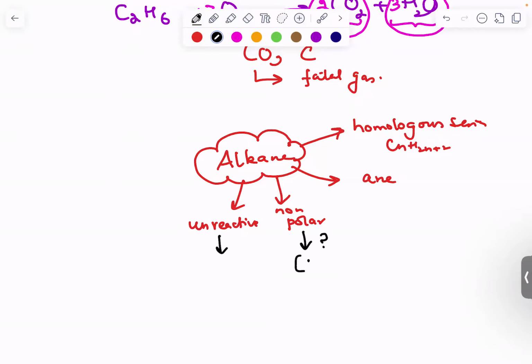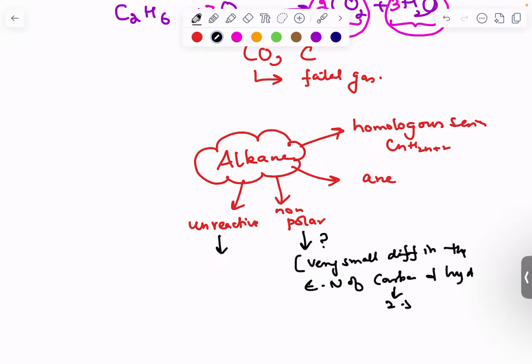Then you will write: very small difference in the electronegativity of carbon and hydrogen. I told you carbon is 2.5 and hydrogen is 2.1. So the difference would be 0.4, which is very, very less, right?